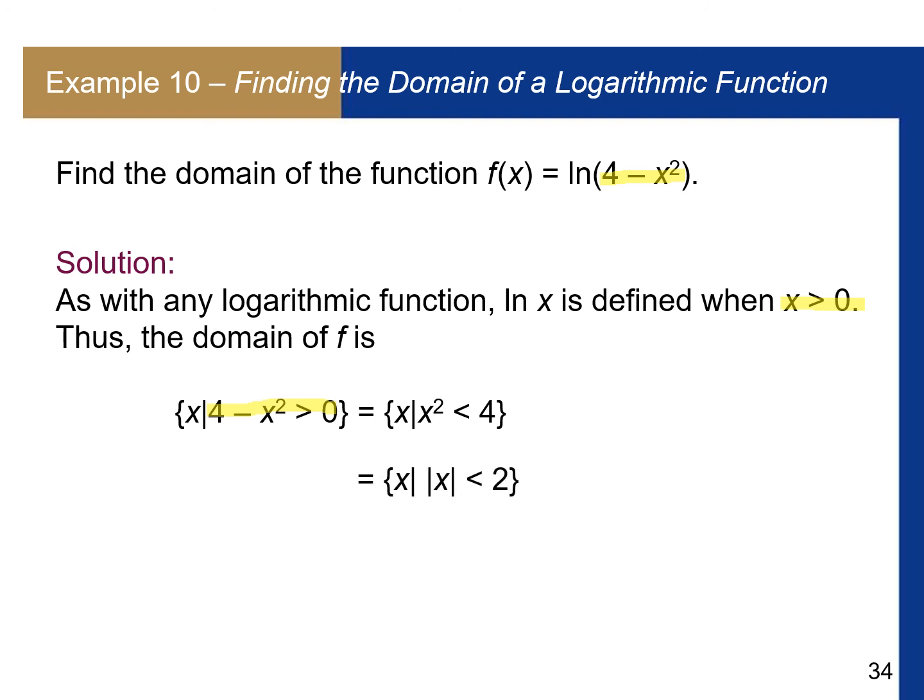If I continue to solve it, that means the absolute value of x is going to be less than 2, and that'll give me the range between -2 and +2 for my x values for my domain. All right, well, that is it for section 4.3, and we'll be heading on to section 4.4.